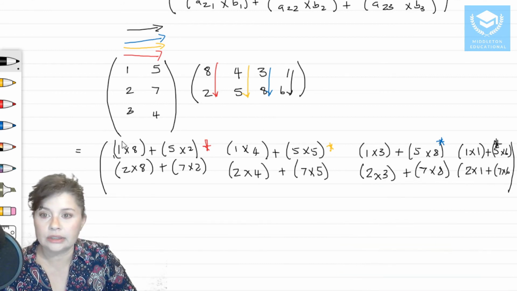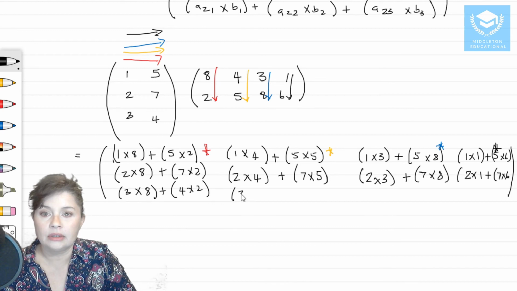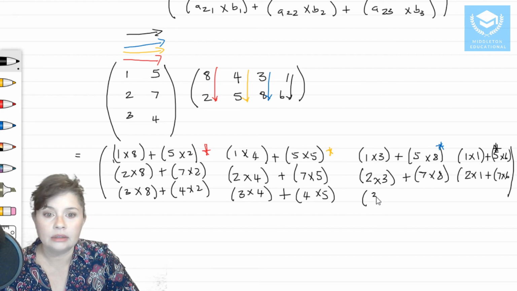Then the final one is your final row, which is 3 times 8 plus 4 times 2, 3 times 4 plus 4 times 5, then 3 times 3, 4 times 8, and 3 times 1, 4 times 6.